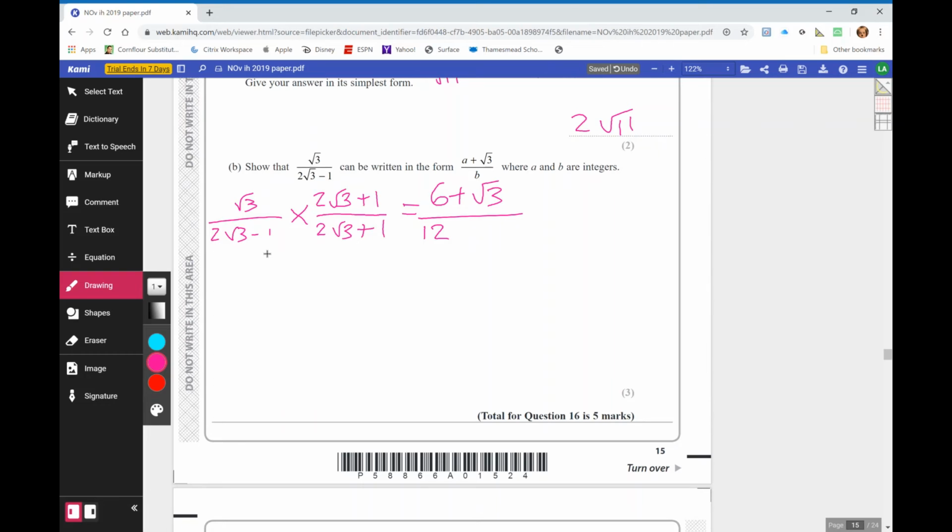2 root 3 times 1 is just 2 root 3. And then 2 root 3 times minus 1 is minus 2 root 3. So you actually end up cancelling this times this times this one, 2 root 3 times 1, and 2 root 3 times minus 1 cancels out.